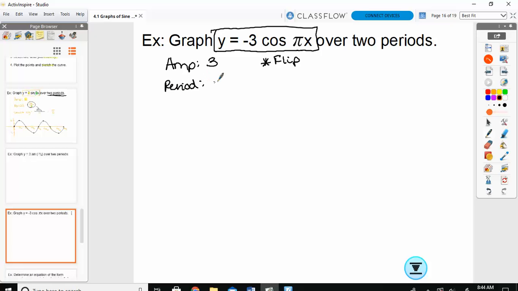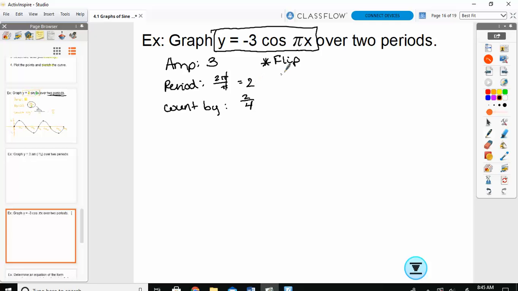Our period. You take your normal period of 2 pi, divide by the coefficient on x. What's in front of x? Pi. So 2 pi over pi, those pi's cancel, and we just get 2. How do we find the count by? 2 divided by 3.